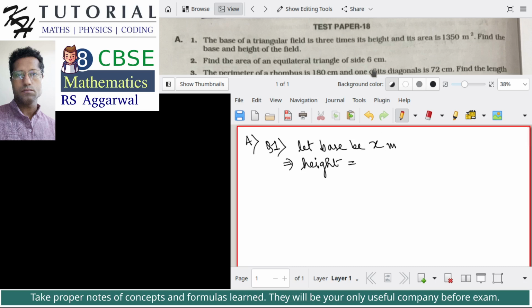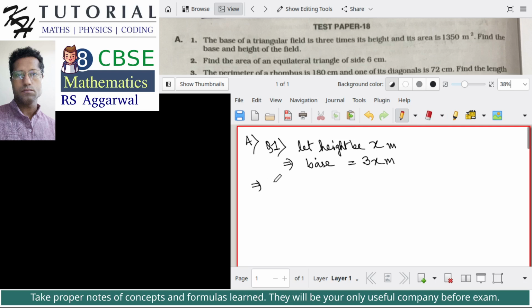Okay, so it's better we consider the height. So let height of the triangular field be x. So this will imply the base will be equal to 3x meter.